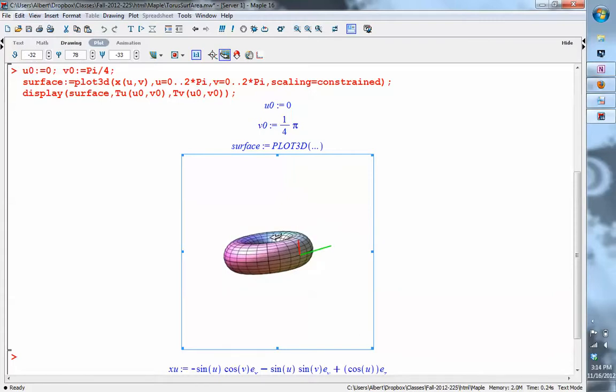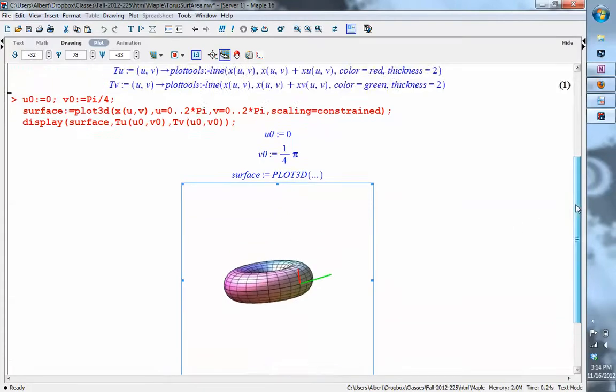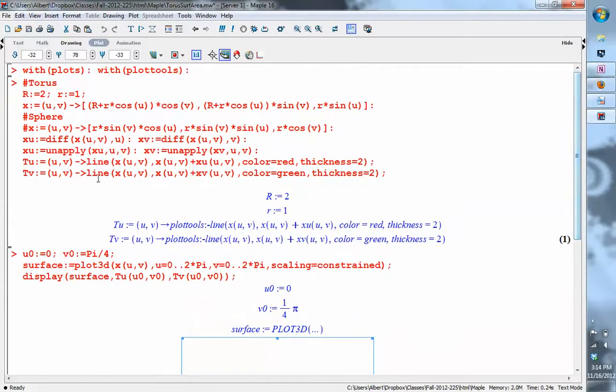What you do is you take the parameterization, which is right here. I mean, it looks similar to other parameterizations that you've seen. So this is a parameterization of the torus. And to get those tangent vectors is pretty easy. You just take the partial derivative with respect to u and the partial derivative with respect to v, and that gives you the tangent vector along a parameter curve.